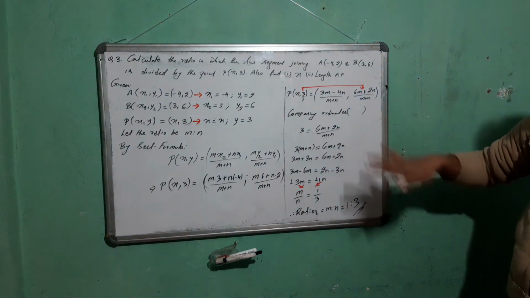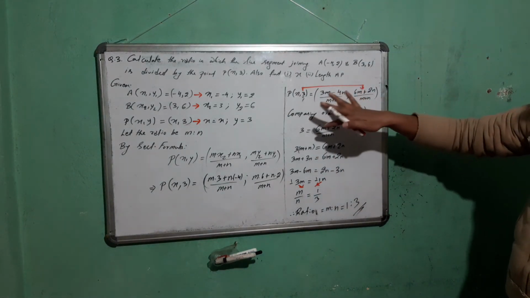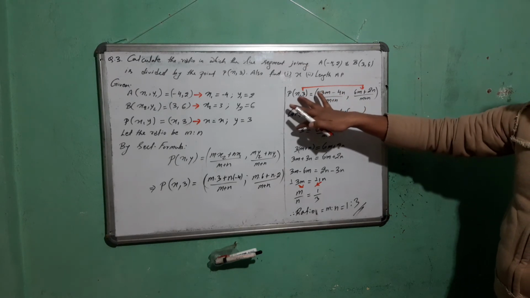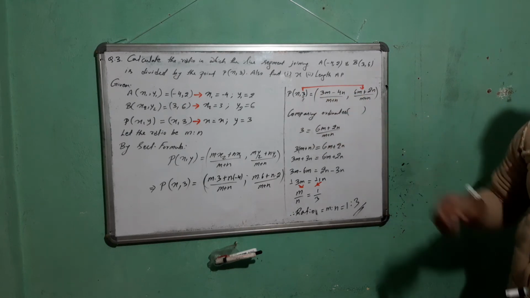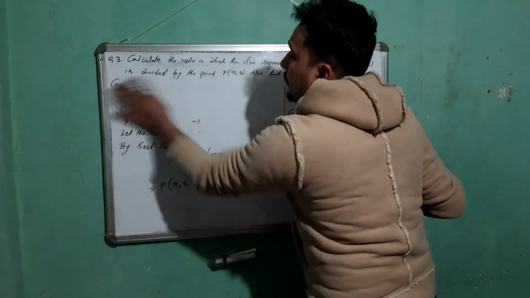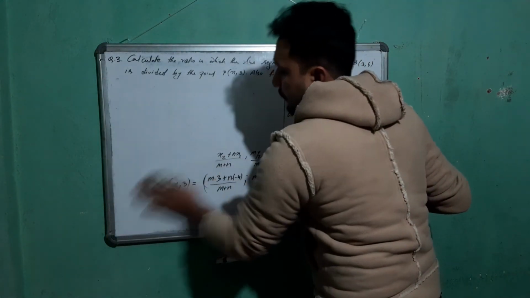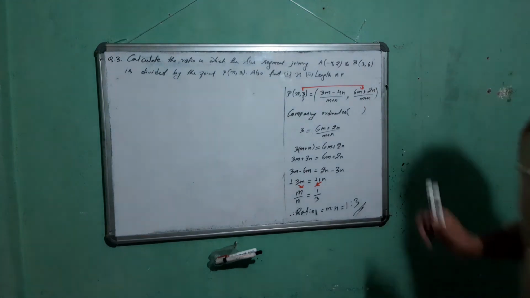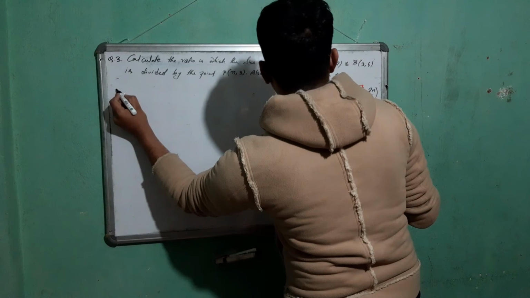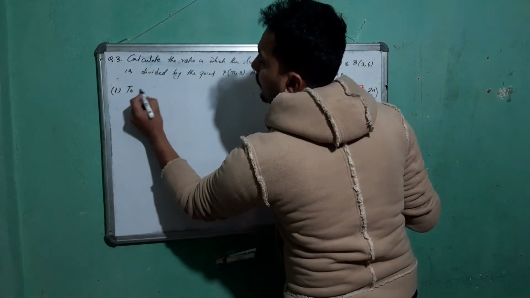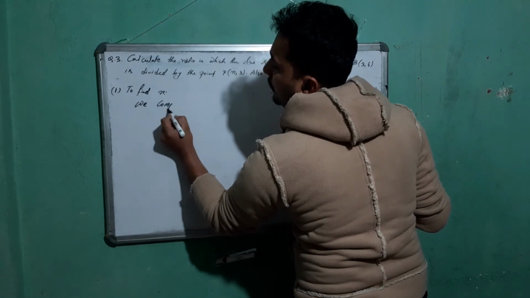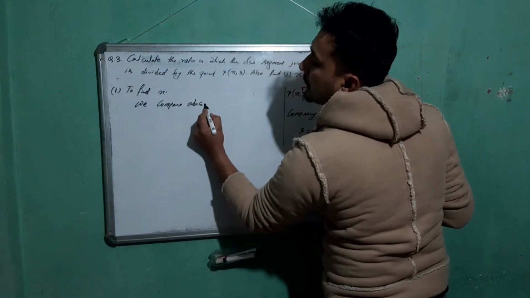Now, we have to find the value of x. In order to find the value of x, we compare the abscissa.